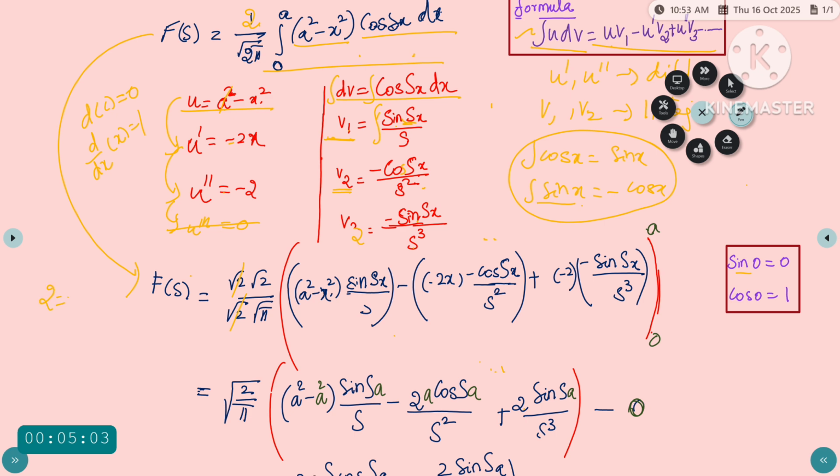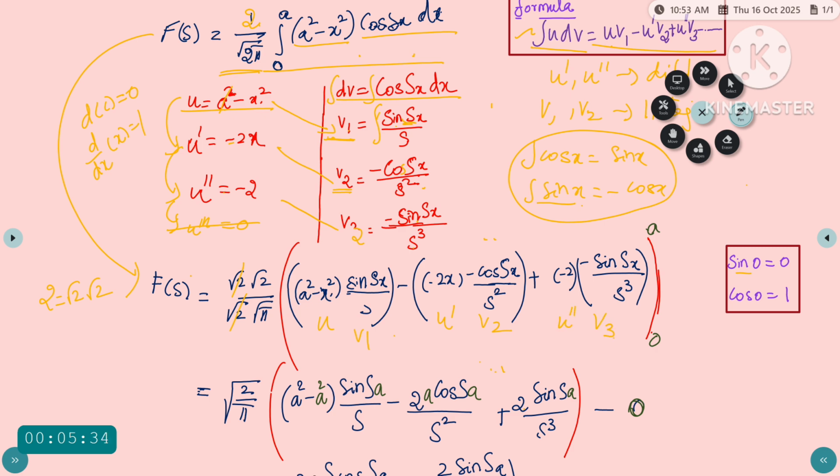We can write 2 by root 2 into root 2, divided by root 2 pi, split as root 2 into root pi. And using the formula, that is u into v1 minus u dash into v2 plus u double dash into v3.